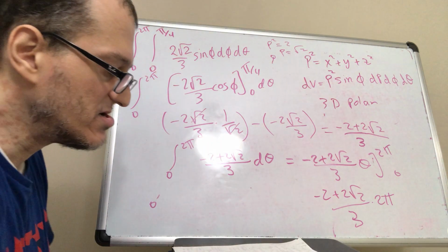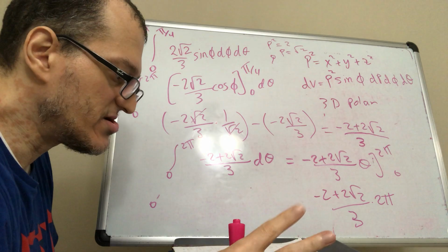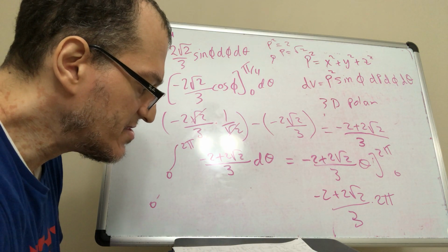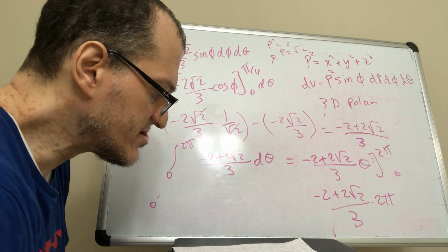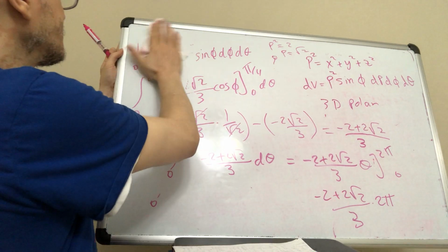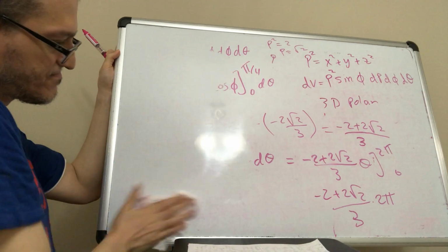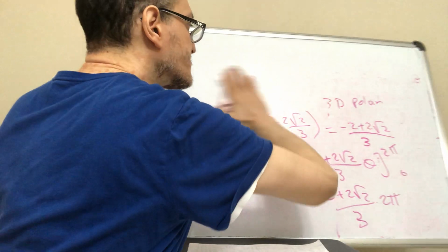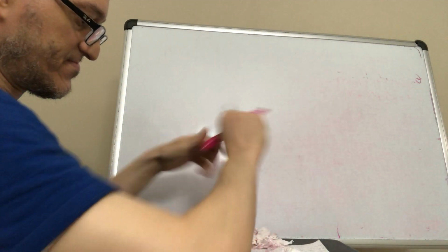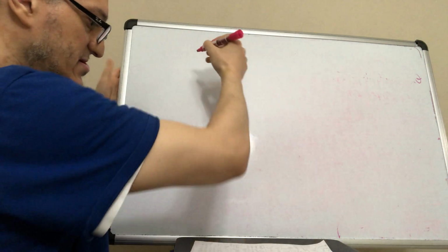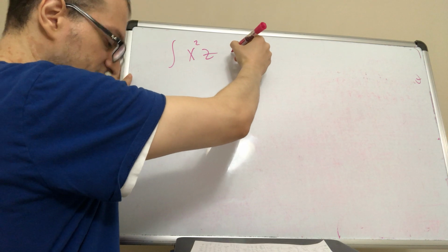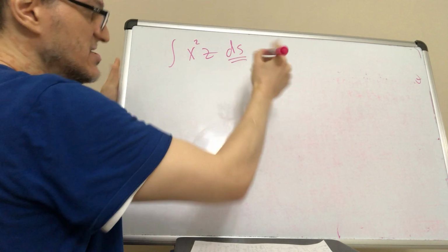So we did the polar 2D and we also did the polar 3D. Now you're going to do integrals involving what's called a line segment. So for example, x squared z, and you're going to see ds.